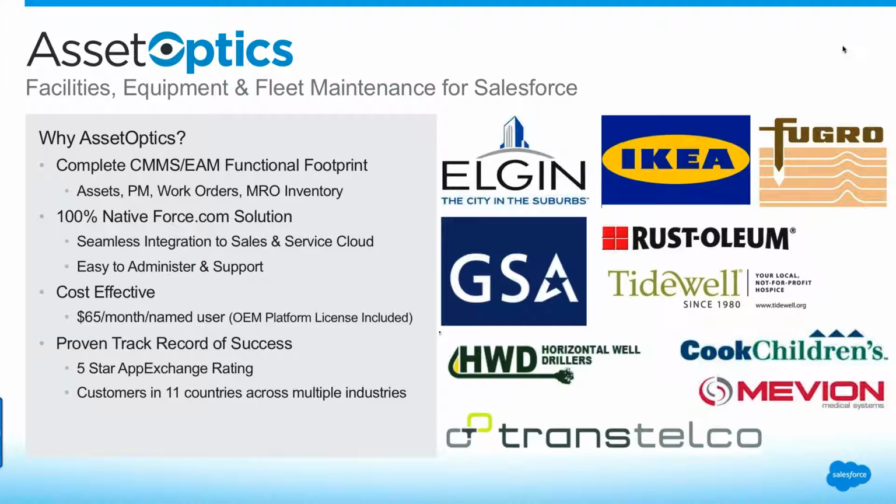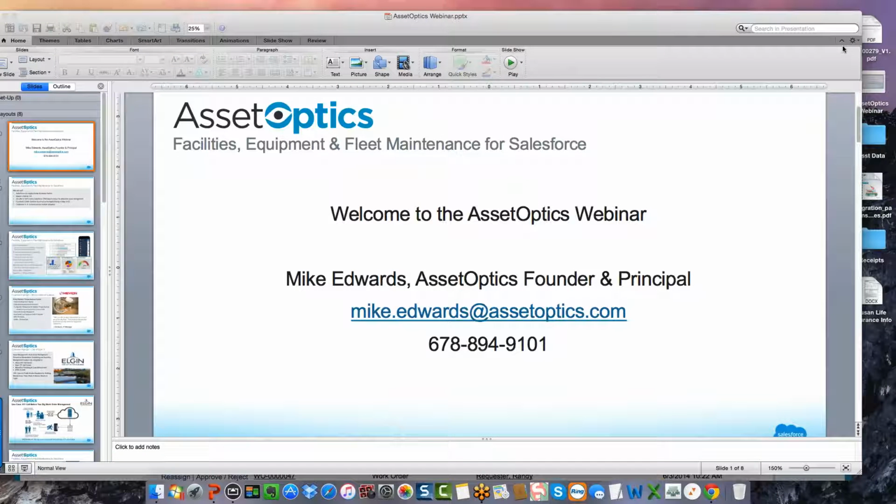So if you're an existing Salesforce CRM customer, I think you really understand the value proposition around a native Salesforce.com solution. If you're not Salesforce CRM literate and do not understand their cloud platform, it is certainly worth investing some time, and we'll cover some of the features when we dive into our overview demonstration.